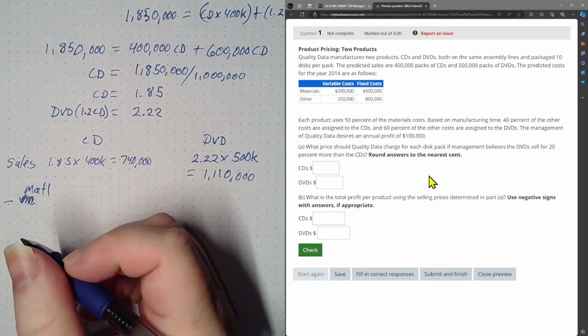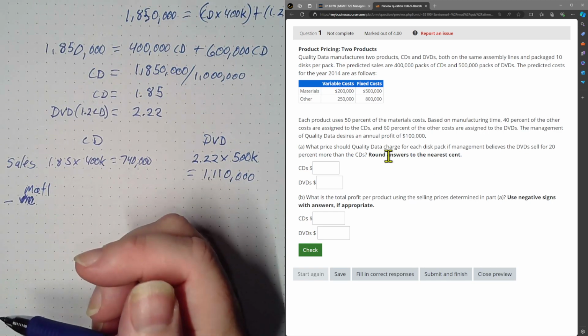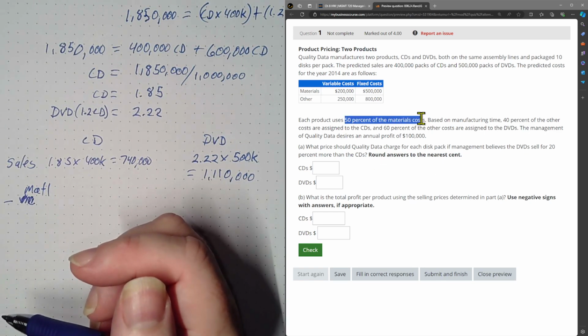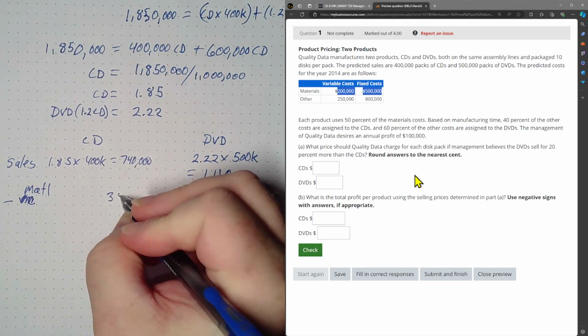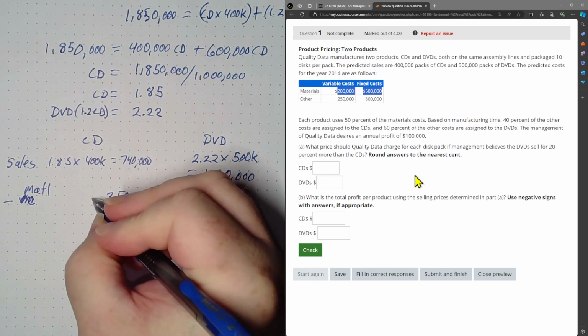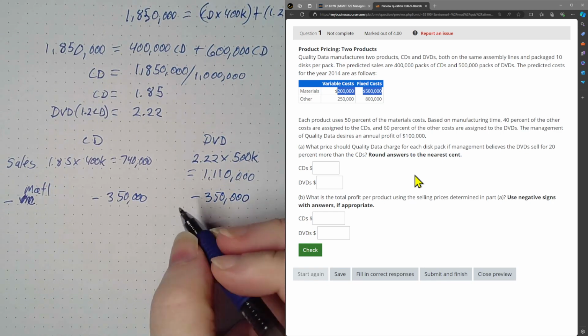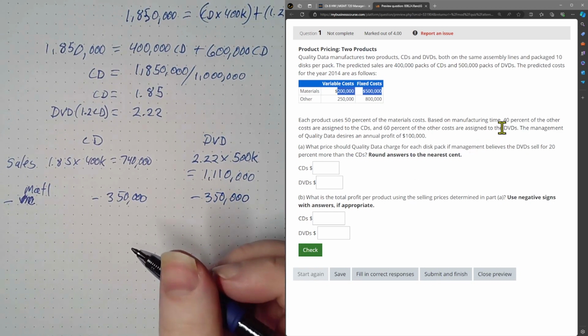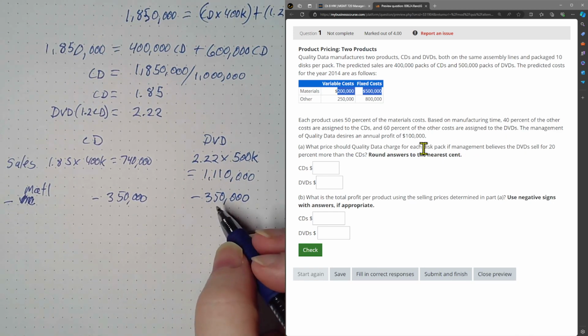Based on manufacturing time, each product uses 50% of the material costs. Well, the material costs are these two together, 700,000, so each of them uses 350,000. And then it says based on manufacturing time, 40% of other are assigned to CDs and 60% are assigned to DVDs.